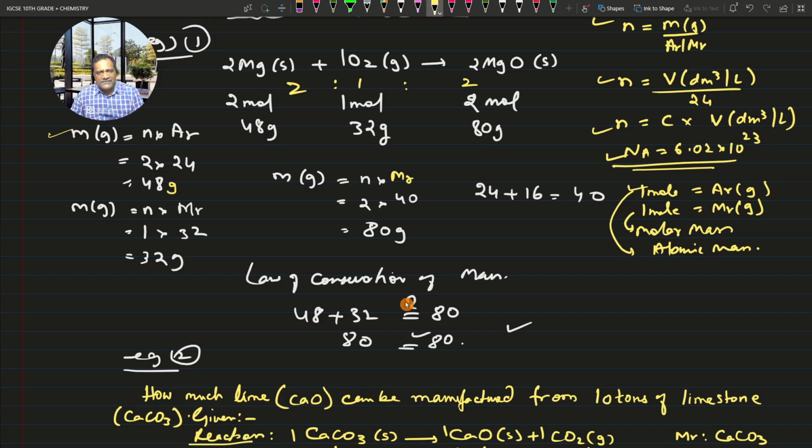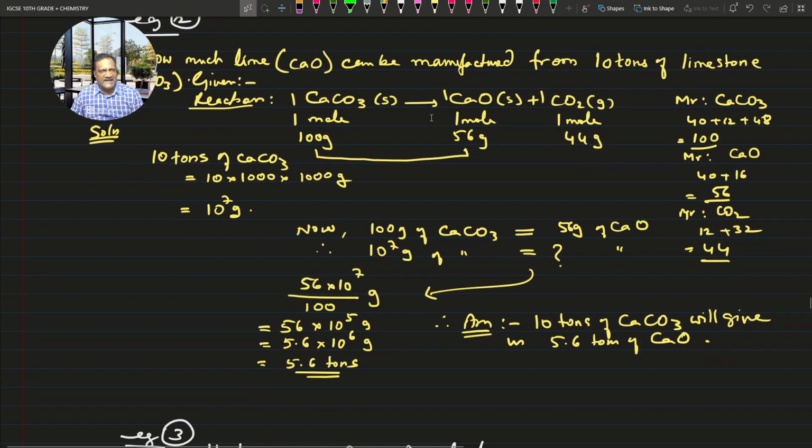So that was example number 1 in which I showed you how to write an equation from the chemical equation, how you can write the number of moles ratio, how you can write the molar mass ratio. Now coming to the next one, example 2. Here he is talking about how much lime, that is calcium oxide, CaO, can be manufactured from 10 ton of limestone.